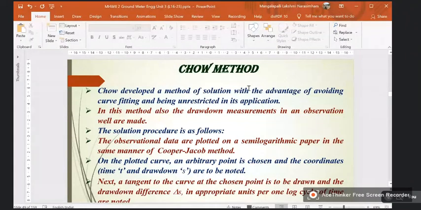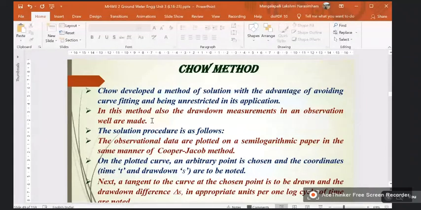Chow developed a method of solution with the advantage of avoiding curve fitting and being unrestricted in its application. In this method also the drawdown measurements in an observation well are made. The drawdown observations in an observation well are bare necessary for proceeding with the determination of the aquifer constants S and T. The solution procedure is as follows.